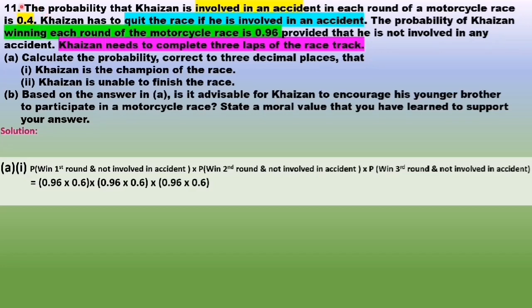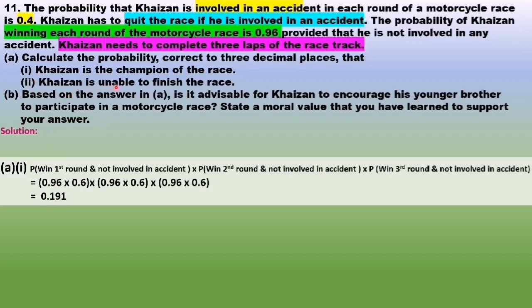Probability he is involved in an accident is 0.4, so not involved is 1 minus 0.4 equals 0.6. Second round, same probability: 0.96 times 0.6, times third round 0.96 times 0.6. So equals 0.191.